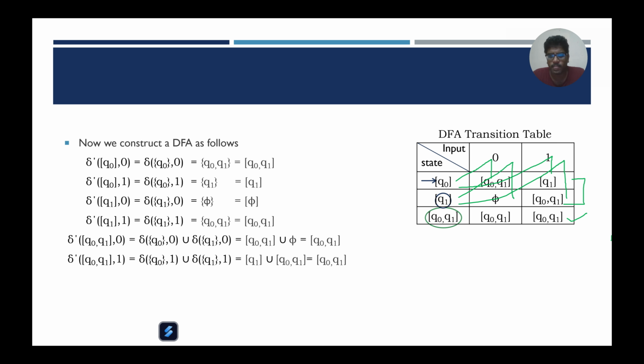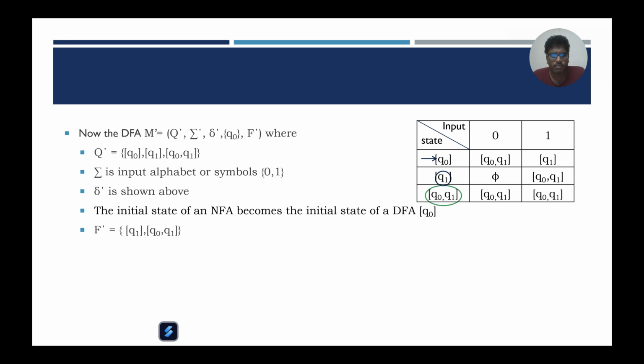Okay, now we have to define the DFA machine, that is M dash equal to (Q dash, sigma dash, delta dash, Q0, F dash), where Q dash is the set of states.